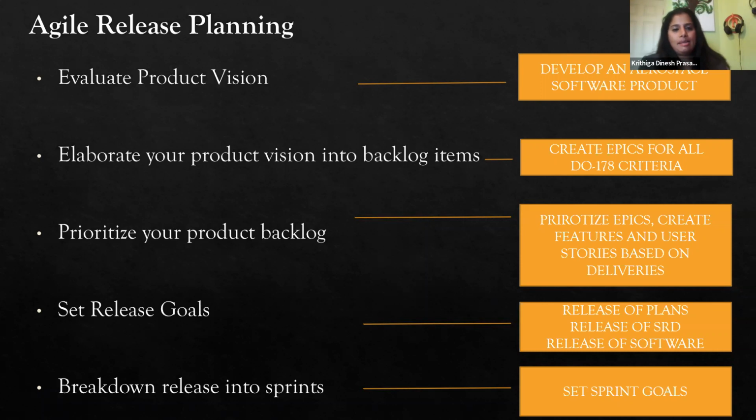So first, as Charles explained, evaluate your product vision. Your product vision can be, if an organization is working on the complete system, it is an entire system for an aircraft, and your part would be a software for that product. So it could be that is your product vision. Then elaborate your product vision into backlog items, like what I explained.